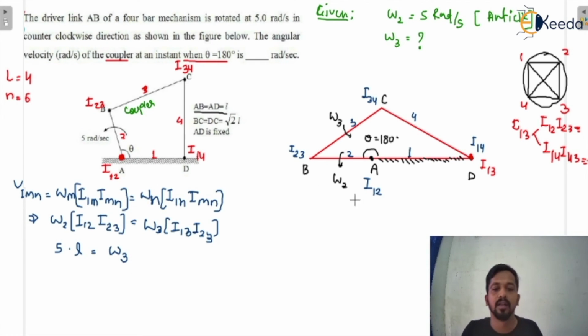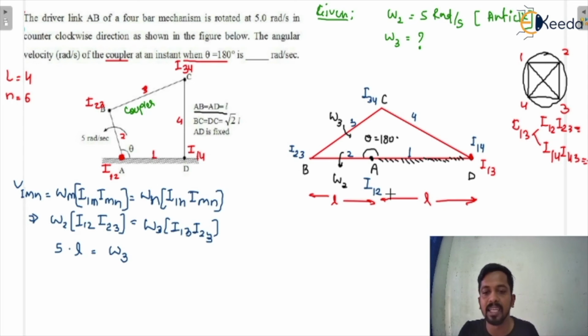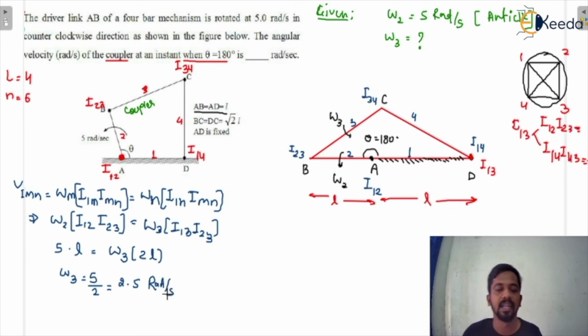So basically the distance between I23 and I13 is 2L. Putting the value in this equation, you will get the value of omega 3. Omega 3 would be 5 by 2, which is 2.5 radian per second. So this is the answer.